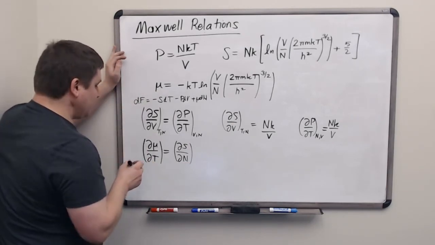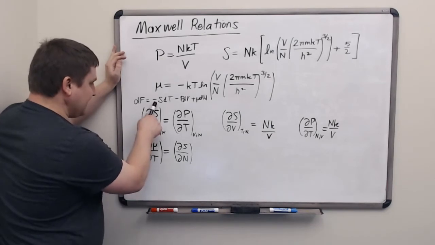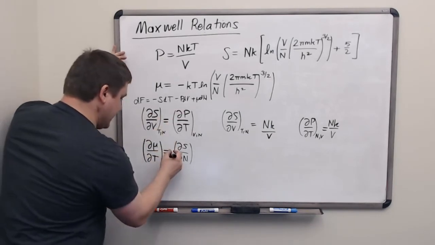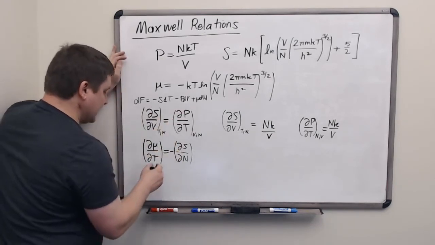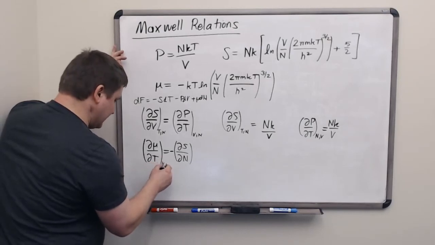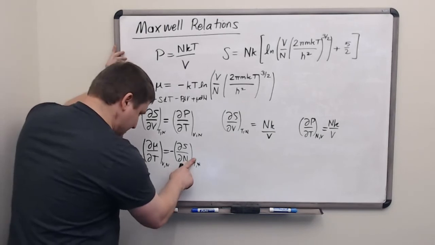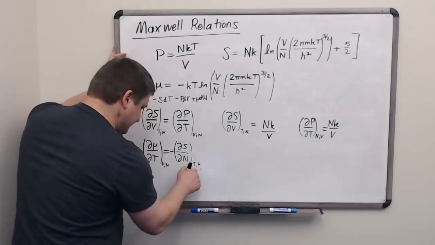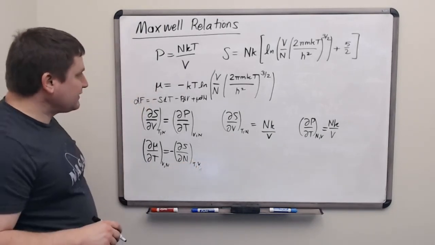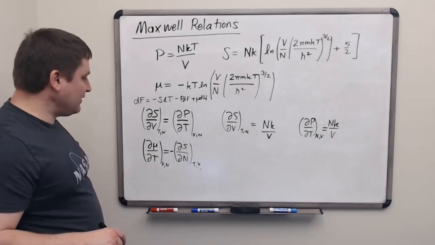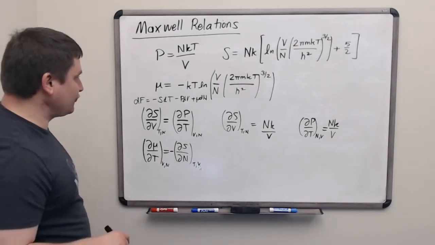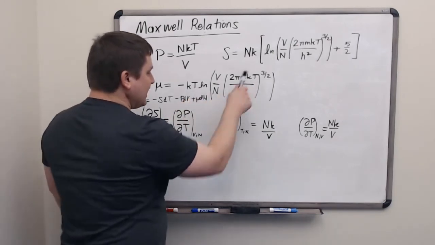All right, is there a minus sign? S has a minus in front of it, mu does not. So yes, there is a minus sign in front, and the natural variables are held constant: V, N, T, and V. Right. So what about d mu dT? Well, that one is kind of tricky, right? There's a T here and a T here.